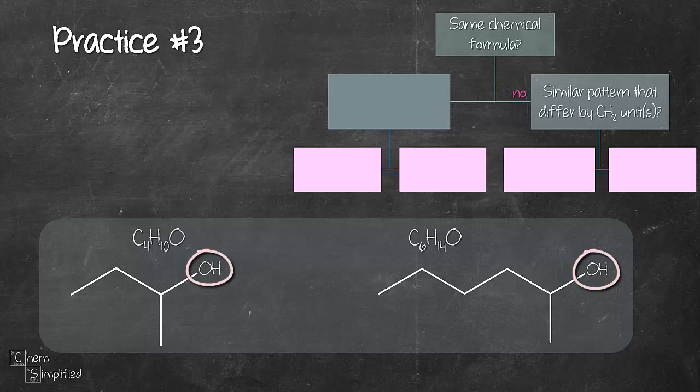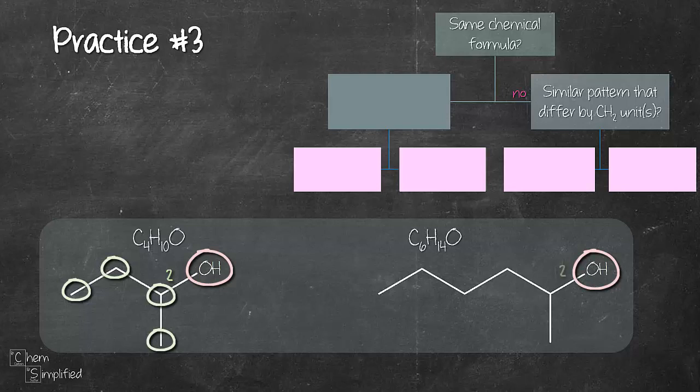So if I were to count, let's start with the compound on the left hand side. My OH group is connected on the second carbon. And in that compound, I have 1, 2, 3, 4, 4 carbon, and OH is connected to the second carbon. Now moving on to the right hand side, I have the same thing.